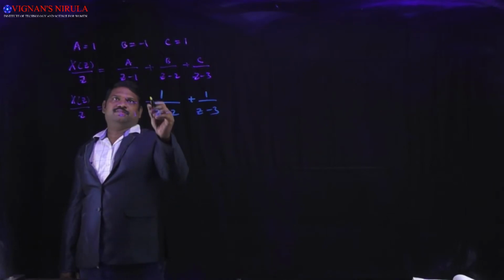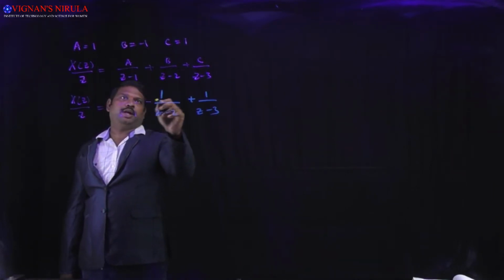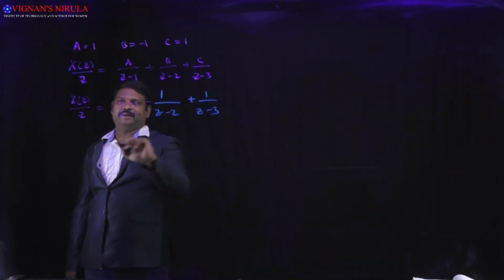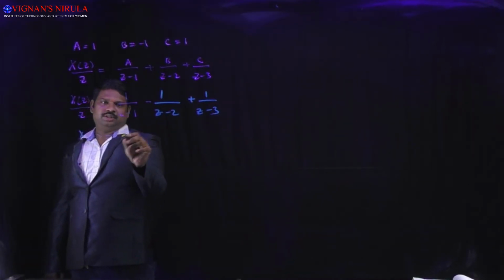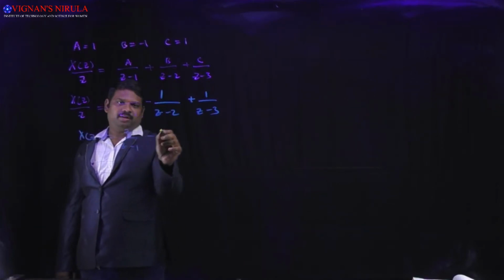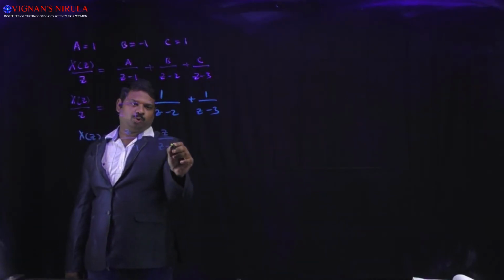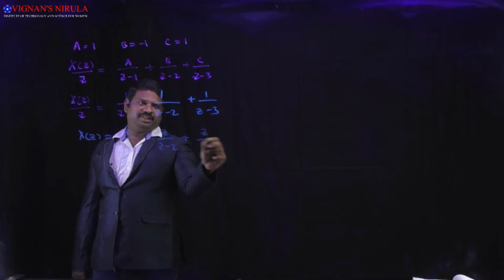When we substitute a as 1, b as minus 1 and c as 1, x of z is equal to z by z minus 1 minus z by z minus 2 plus z by z minus 3.